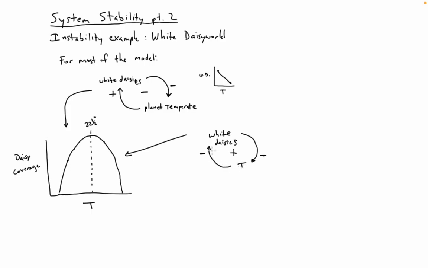Temperature up, less white daisies. Less white daisies, temperature goes up. Okay, so that is, in fact, a positive loop. It's just causing the temperature to go more and more up, if the forcing is to increase the temperature.